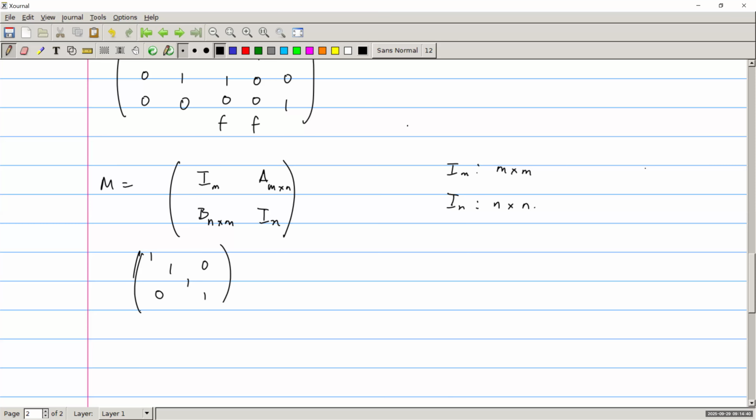So after you go through the first m columns, what is the matrix that remains? Tell me how this might work.